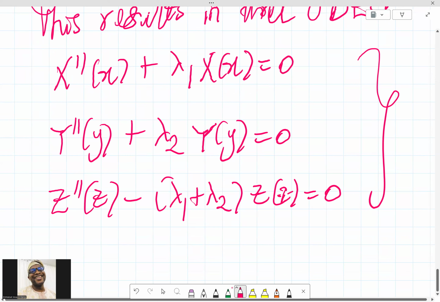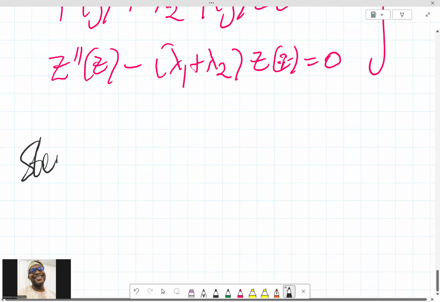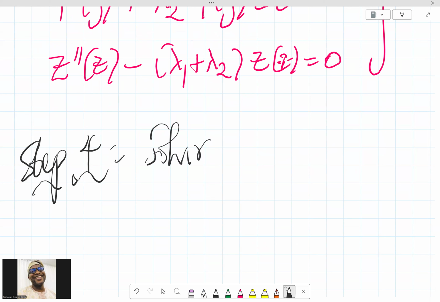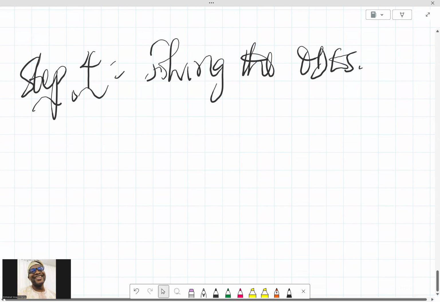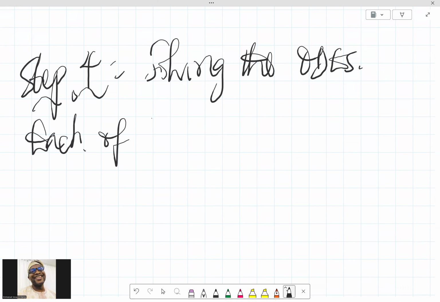So the next step, which is step 4. In step 4, we are solving the ODEs, the ordinary differential equations. Interestingly, they are all second order, whose solutions we can easily know based on our experience solving differential equations.